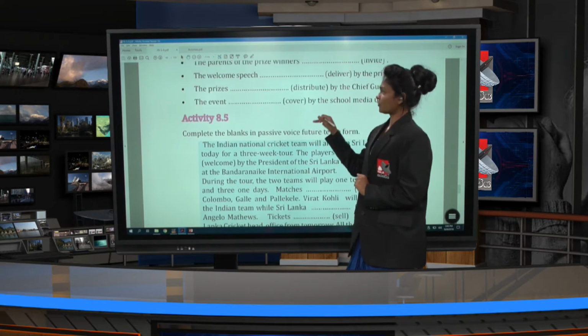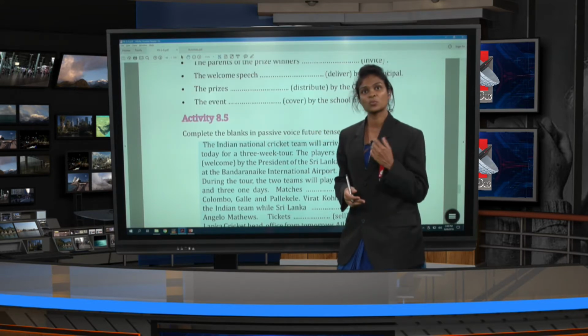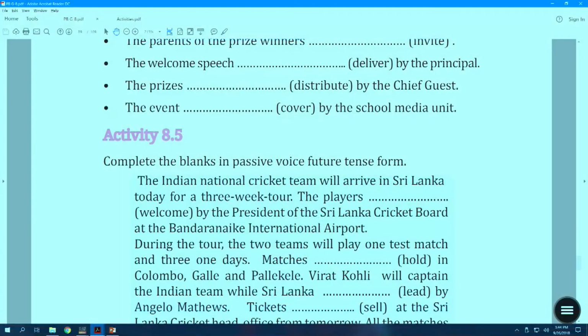How do we form it? The prizes will be distributed by the chief guest.